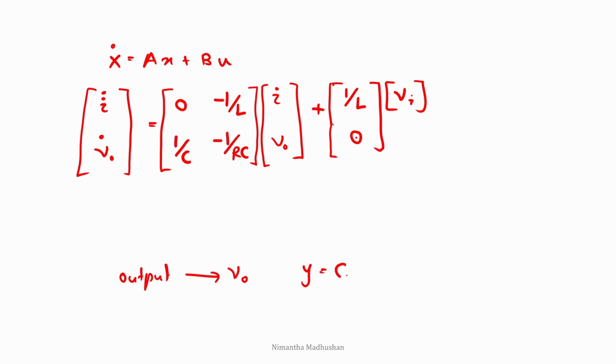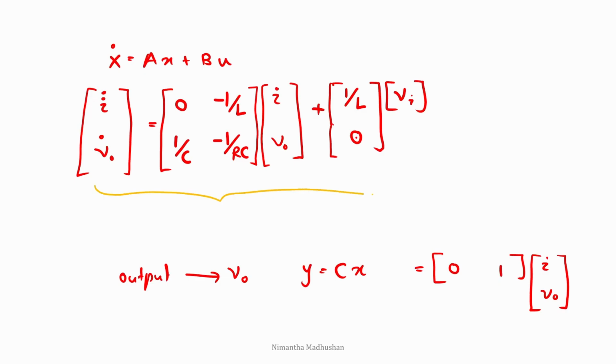Y is equal to Cx. Then we can write C vector as 0, 1 into I and Vout, that is the state vector. This is the output equation of that electrical system, and this is the state space representation.